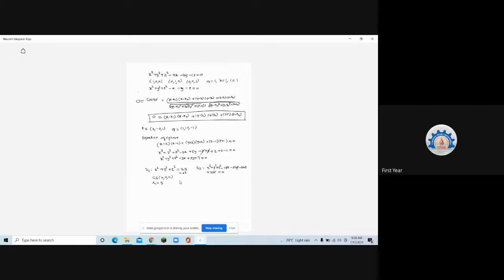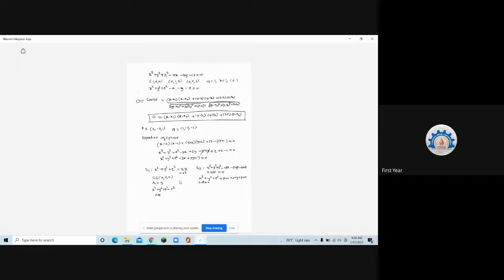For those who have not found it, please listen here now. The first sphere was clear and easy, because it was of the form x square plus y square plus z square is equal to r square. So the center is 0, 0, 0 and the radius is r. But the second is of the type x square plus y square plus z square plus 2ux plus 2vy plus 2wz plus d is equal to 0.